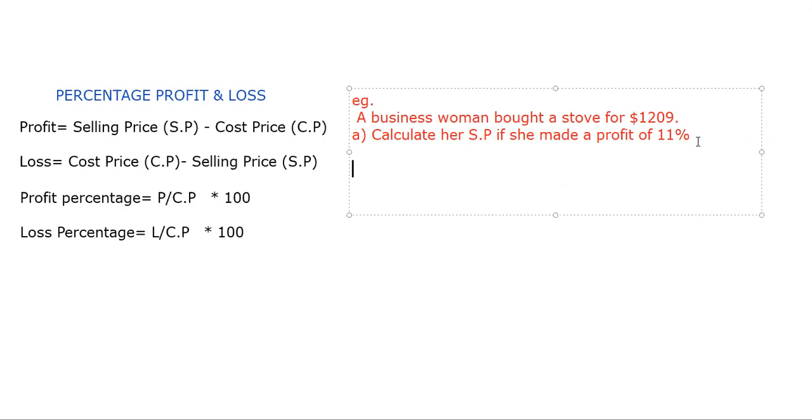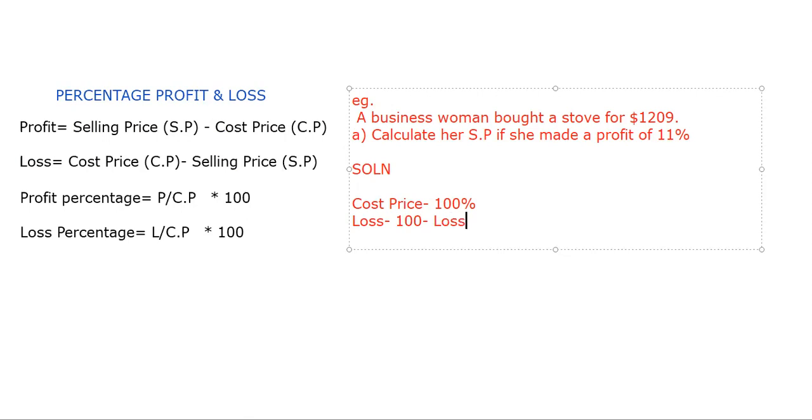I think it's nice to operate as percentages. So if you bought something, your cost price will always be 100%. Now, if you are selling for a loss, that percentage would be 100% minus your loss percent.